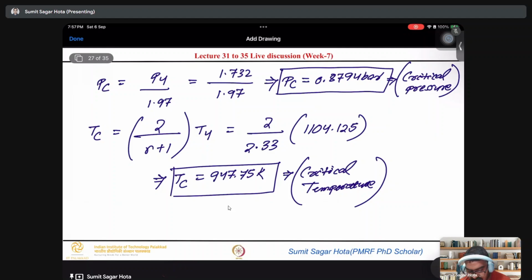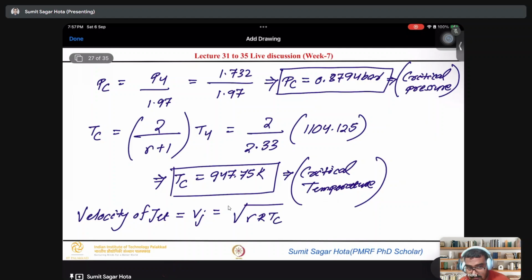Now you have the critical temperature. That means you can calculate the velocity of the jet, that is Vj. It is the square root of gamma R Tc.